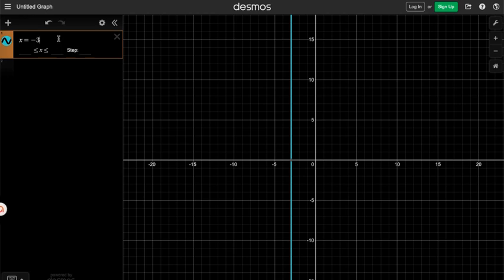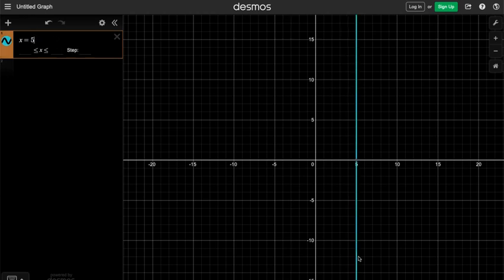If you change this number into 5, then this vertical line will shift over to intersect the x-axis at (5, 0). The equation x equals a constant always represents vertical lines because no matter how y values fluctuate, the value of x stays the same.